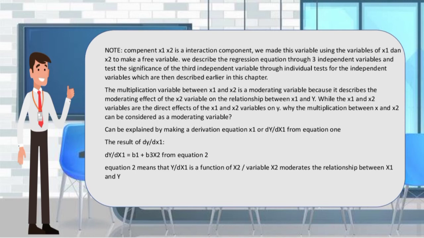The result is dy over dx1 equals b1 plus b3 x2. The second equation means that dy over dx1 is a function of x2, the variable x2, which moderates the relationship between x1 and y.